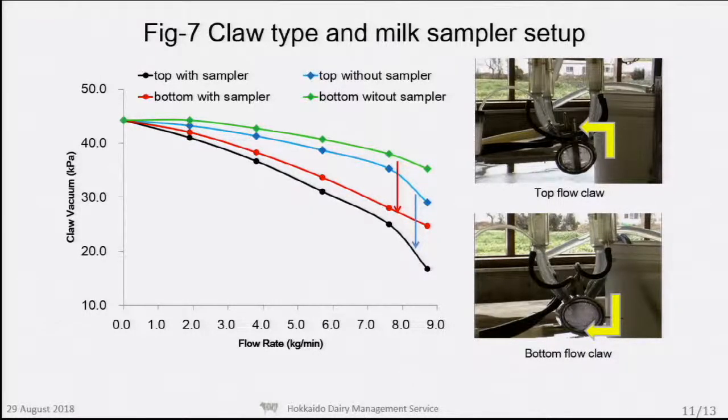The difference between black and red is claw type with sampler setup, and the difference between blue and gray is claw type without sampler. Bottom type claw vacuum is higher than top flow type in spite of sampler setup. Bottom type claw vacuum is better than top flow vacuum on the low line system.